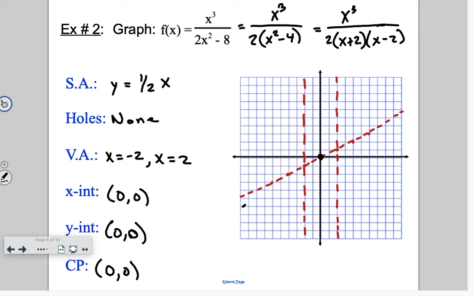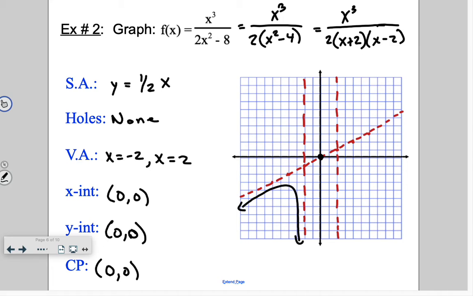So this first graph will be kind of somewhere sandwiched in here. Just like when you had horizontal, you're just figuring out, pick a value of x. Am I above or below the slant asymptote?